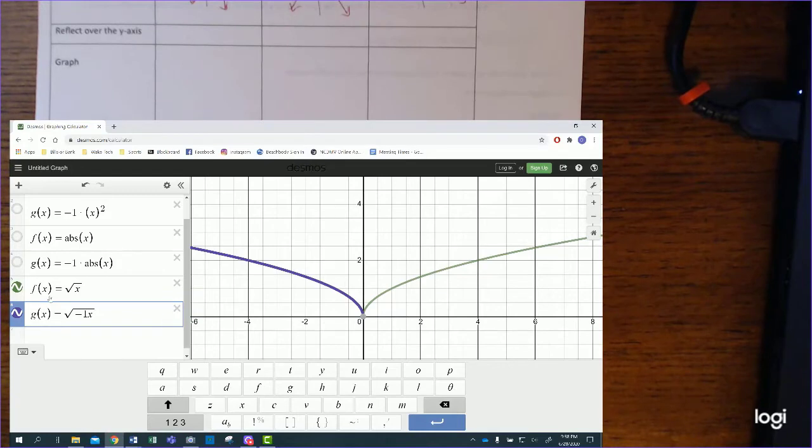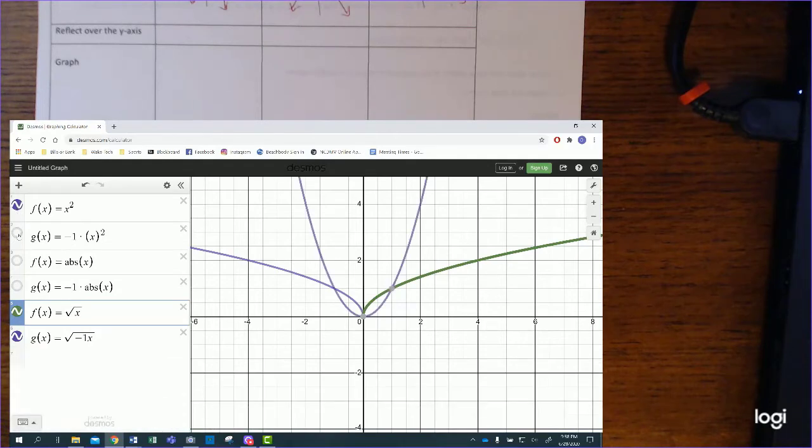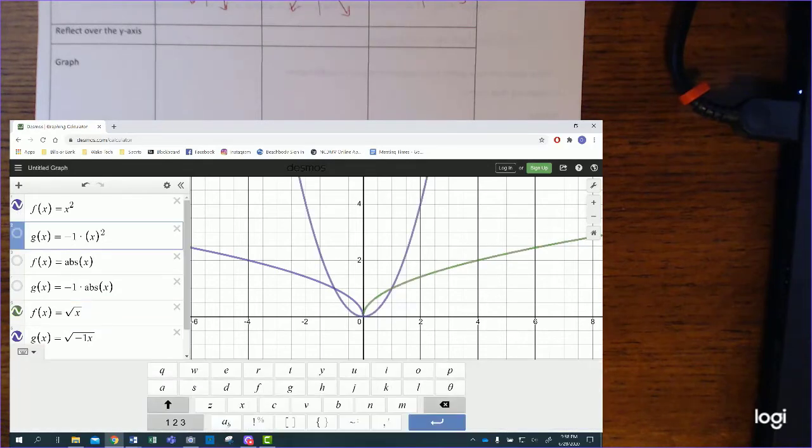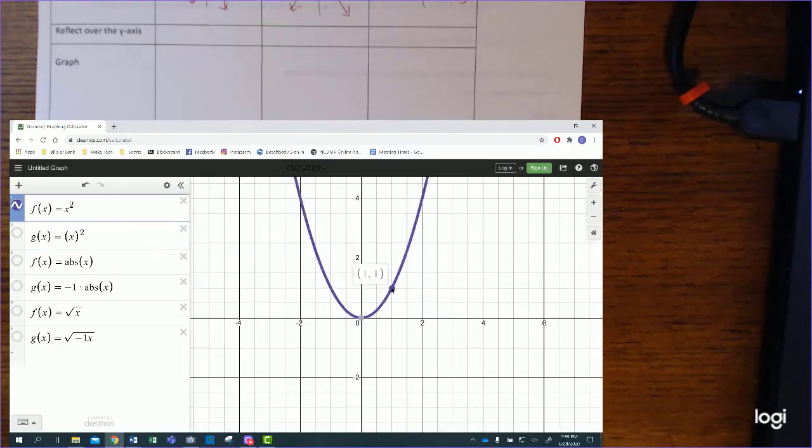Now the other two are not so easy to see because they are symmetrical about the y-axis. If I want to reflect x squared over the y-axis, there are already points over here, right? There's 1, 1 here, and -1, 1 here.